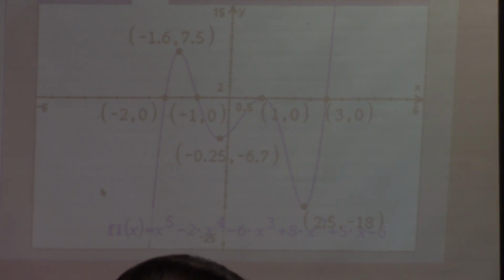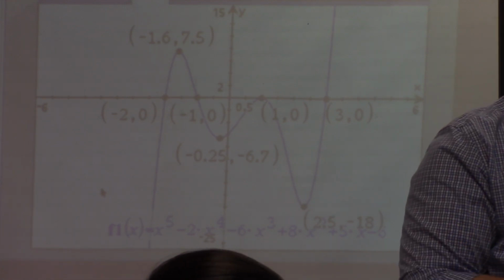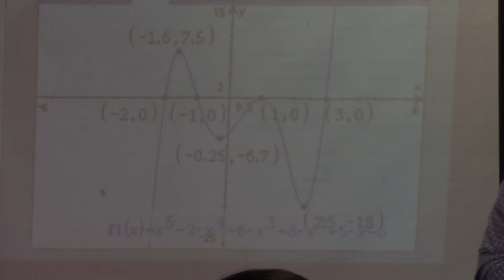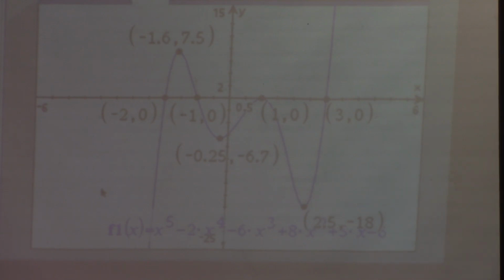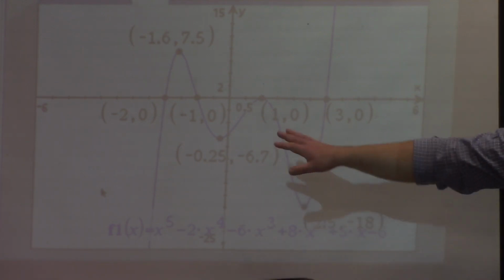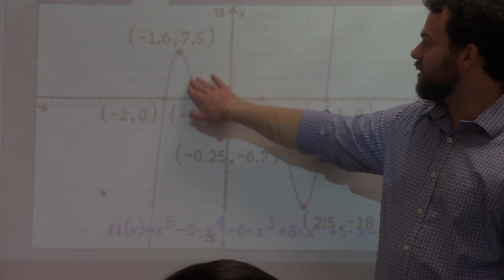So what I want to give you time to do right now is to make whatever notes you need to, for your future forgetful self, about degree, zeros, domain, range, y-intercepts, x-intercepts, relative minimum, relative maximum. I think the majority of us should make some notes about relative max and min. We've got to remember stop increasing, start to decrease.